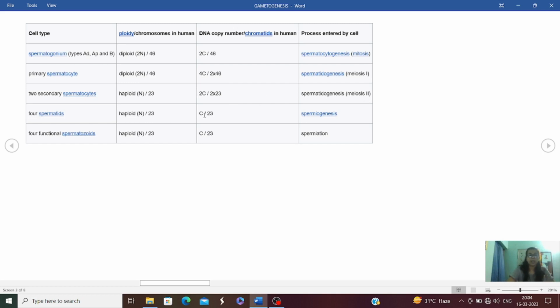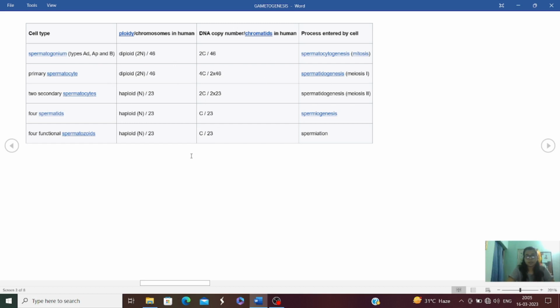And during spermiogenesis, which we have not discussed yet, the haploid number of chromosomes is the same, and in the spermatids also the chromosome number and DNA copy number are 23. So the major change takes place only during meiosis 1.